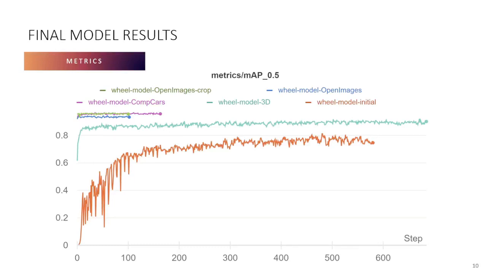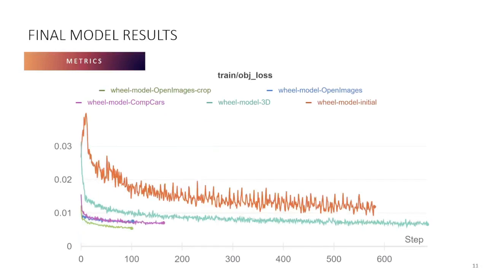And here I'm showing the cropped images of the open images, and that has performed better and close to the previous performance. And we can look at the next metrics.